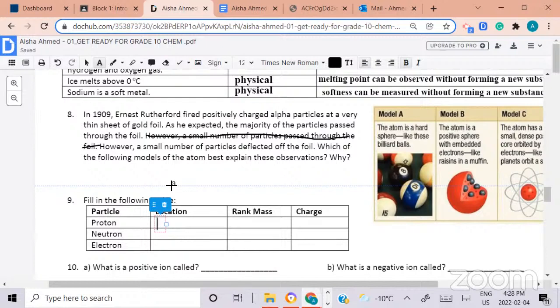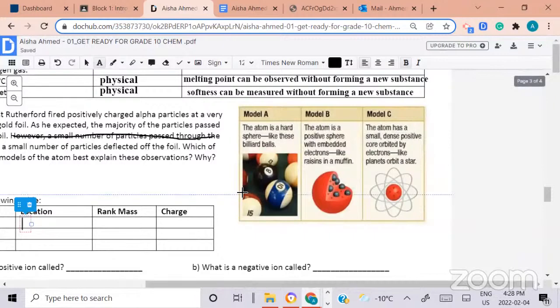The thing is that at that time they didn't know that there was a nucleus in the center of the atom. They just thought that the protons and the electrons were all evenly distributed in the atom. But when those small particles deflected, it was hitting the nucleus of the atom. So, which one do you think it is?